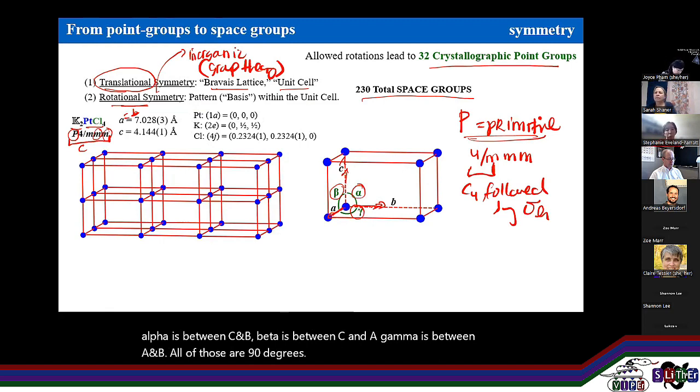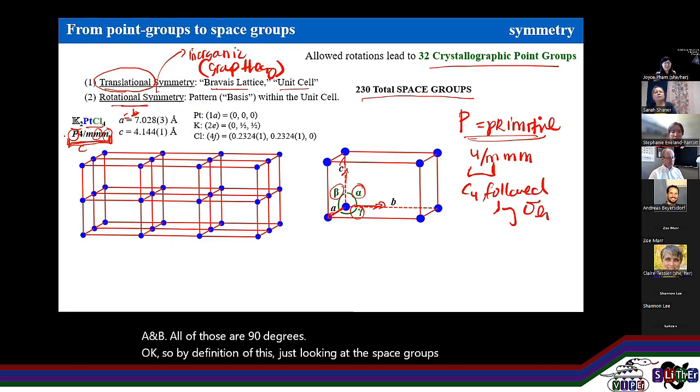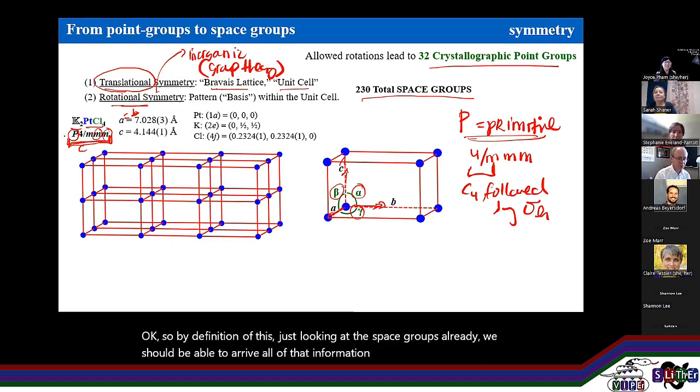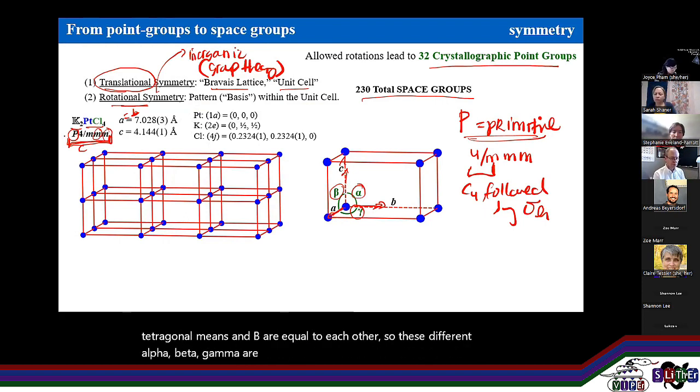So just by looking at the space group, we should already be able to derive all of that information. That is tetragonal. Being tetragonal means a and b are equal, c is different, alpha, beta, gamma are 90 degrees, and there's a fundamental 4-fold rotational axis along the c direction, which is what we have here, the 4 over m.